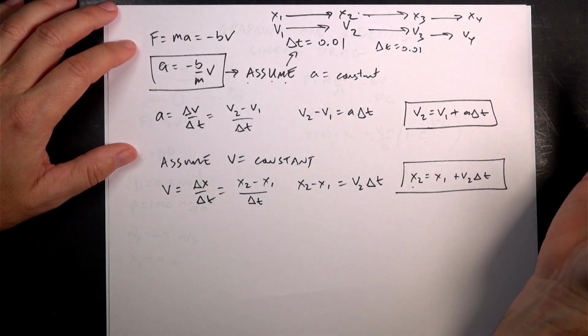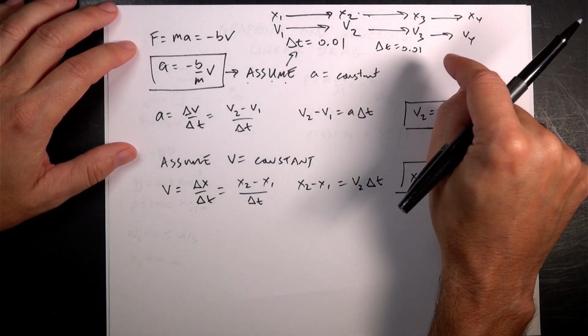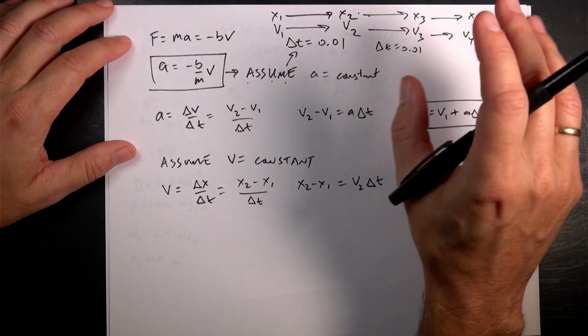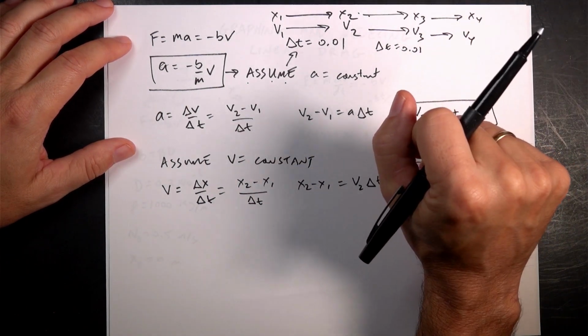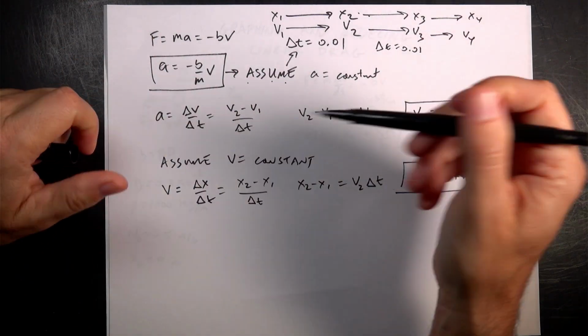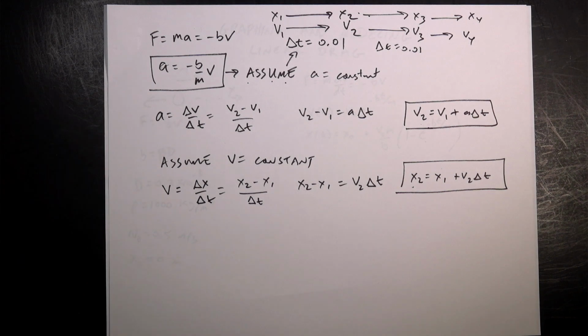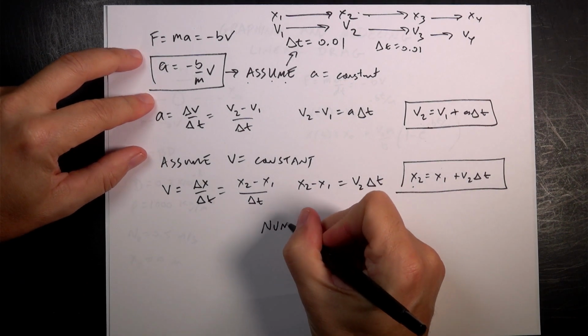If I want to get to 0.3 seconds, I'd have to do this, what? 30 times. Okay, which isn't too bad. But I don't want to do that because I am a lazy person. And so instead, I'm going to get the computer to do it. So let's get the computer to do these calculations. This is called a numerical calculation.